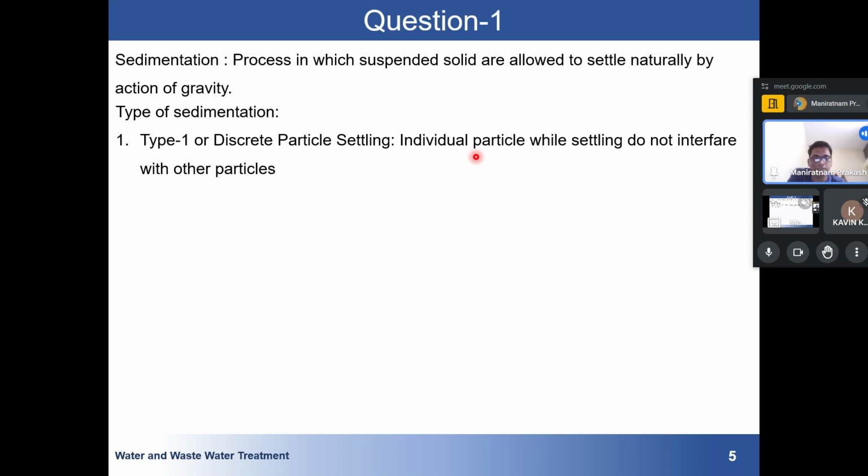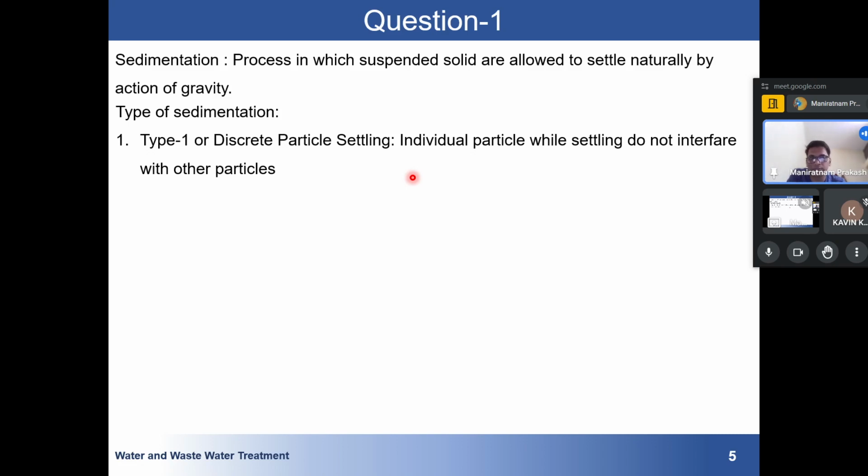Obviously there will be a large number of particles in the system, but it is assumed that in the settling zone, each particle will settle on its own. No other particle will interfere in their settlement. That's why it is known as type 1 or discrete particle settling, and this happens only in the primary sedimentation tank. That's why in the question it was written as a discrete suspended solid.